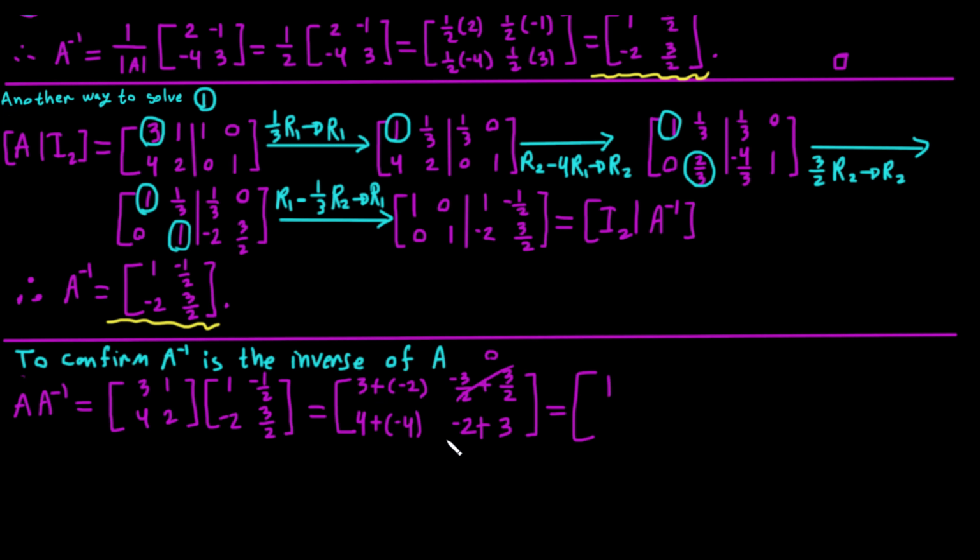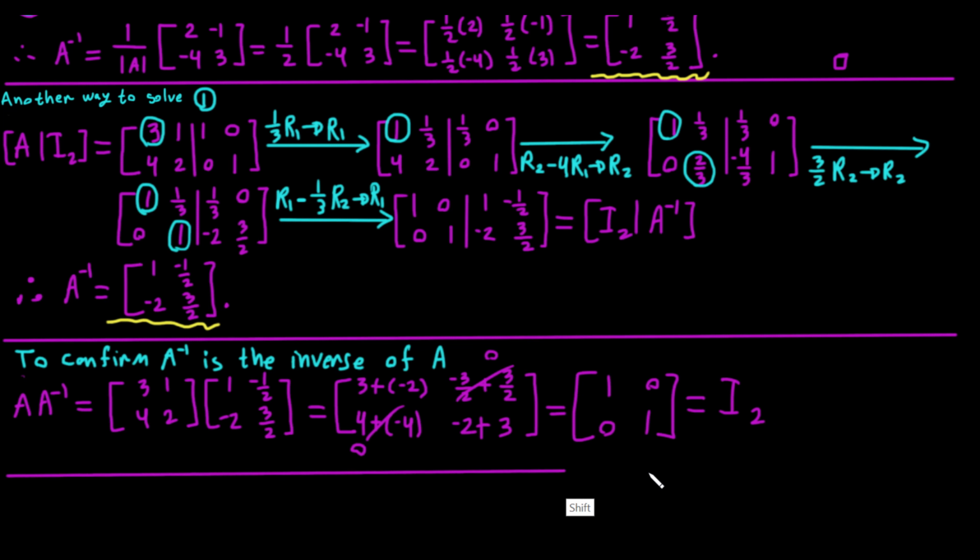Here this one becomes 0, and the same here, it becomes 0. Negative 2 plus 3 is 1. So we find this equal to the identity matrix, which is 2 by 2. So we have finished, and we confirm that our answer is correct.